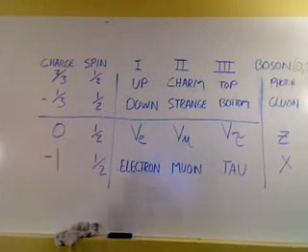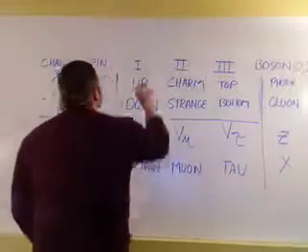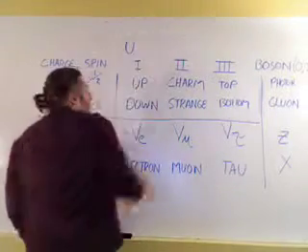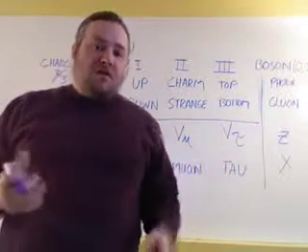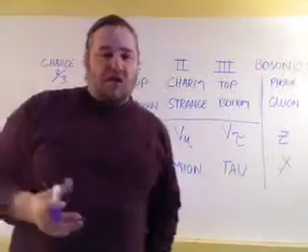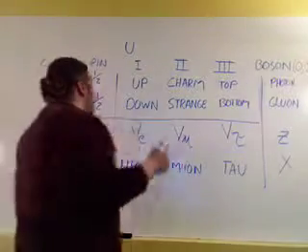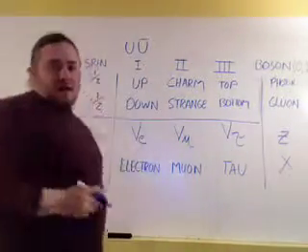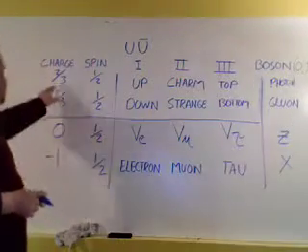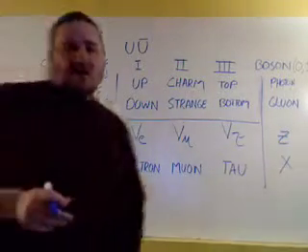So if you're adding something together like an up and an anti-up, the notation for up quarks is just U. The anti of that is a negative U. And that antiparticle has the exact opposite property as charge.